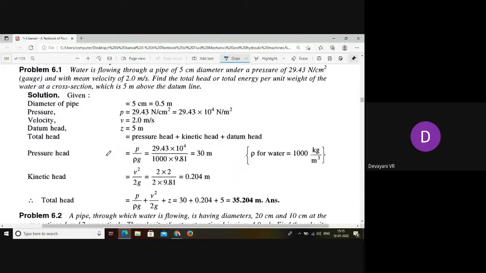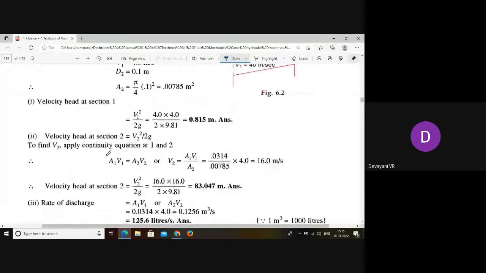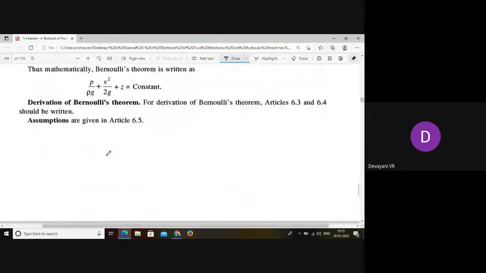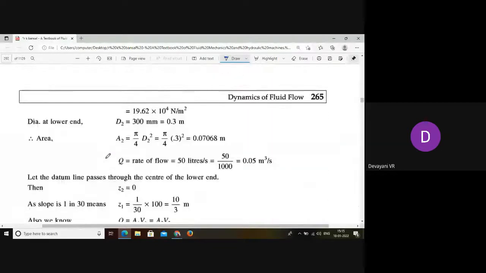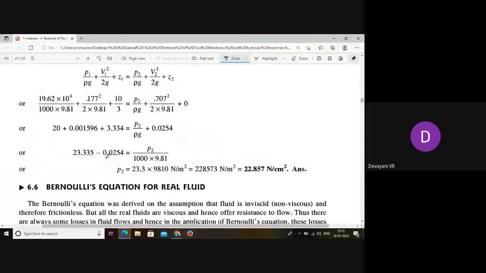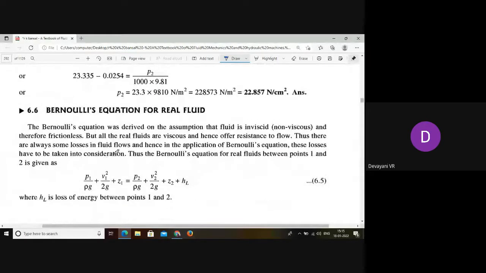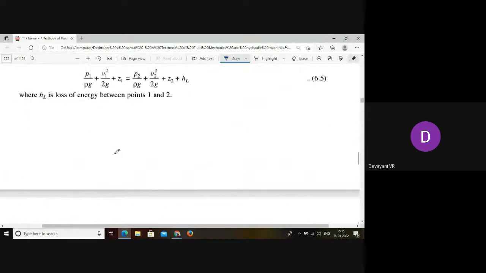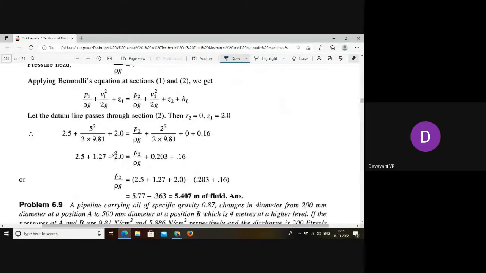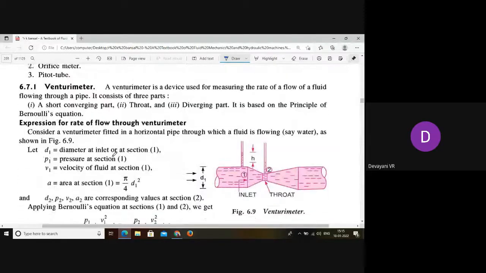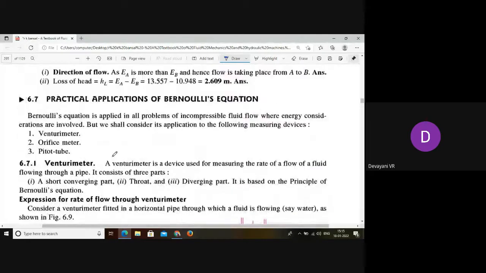In the third unit, let's discuss the devices which work using Bernoulli's equation. Based on Bernoulli's principle, the machines are designed with different discharges, different pressures, and so on. Let's look at the first device, that is the venturimeter.